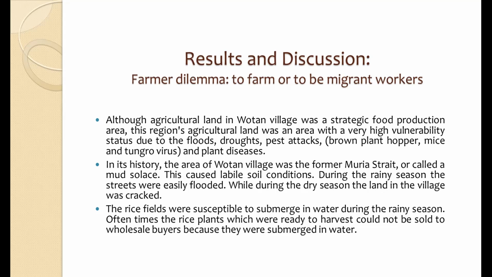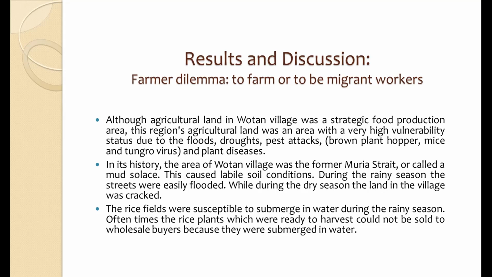During the rainy season, the streets were easily flooded, while during the dry season, the land in the village was cracked. The rice fields were susceptible to being submerged in water during the rainy season.